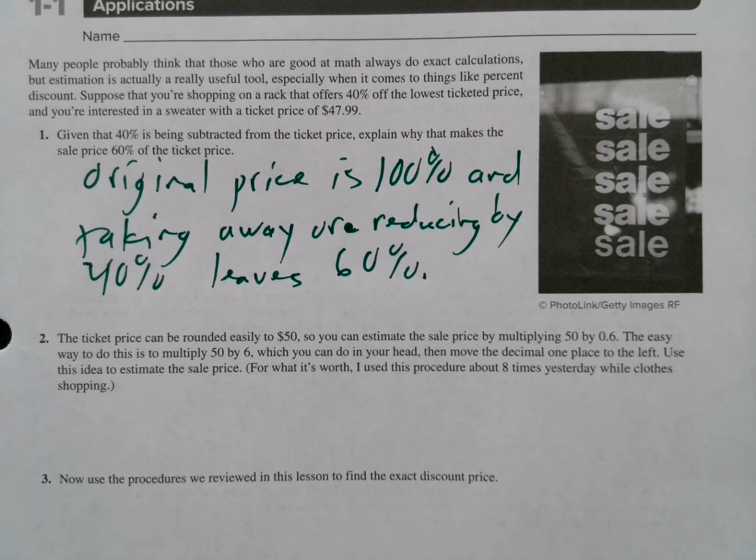Okay, number 2. The ticket price can be rounded easily to $50. So you can estimate the sale price by multiplying 50 by 0.6. The easy way to do this is to multiply 50 by 6, which you could do in your head. Then move the decimal one place to the left. Use this idea to estimate the sales price. For what it's worth, I used the procedure about 8 times yesterday while clothes shopping.